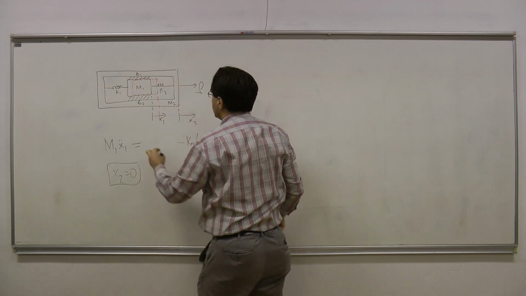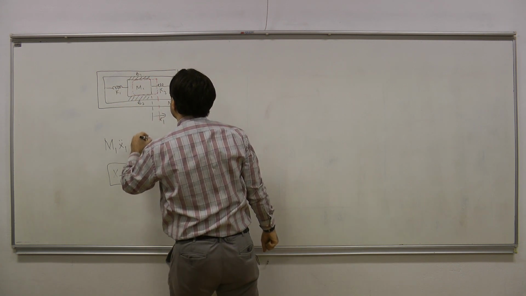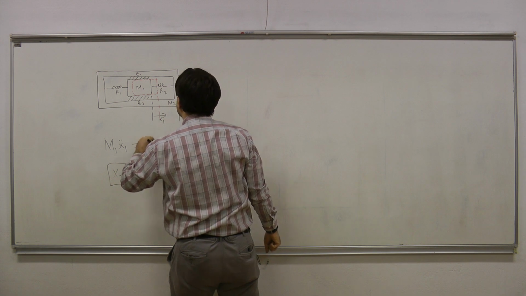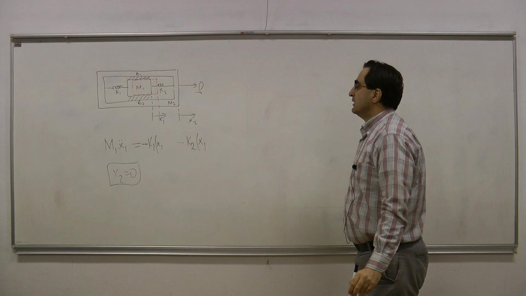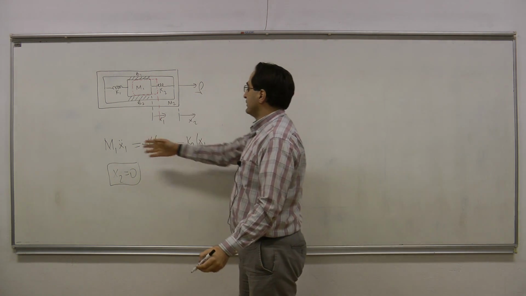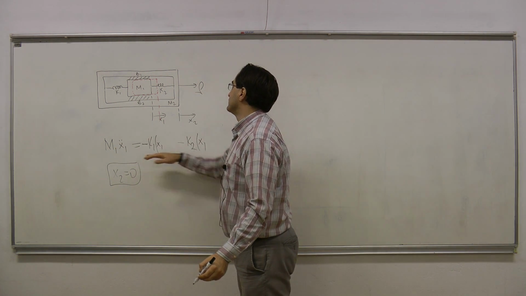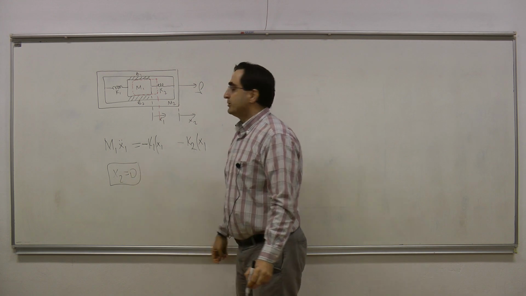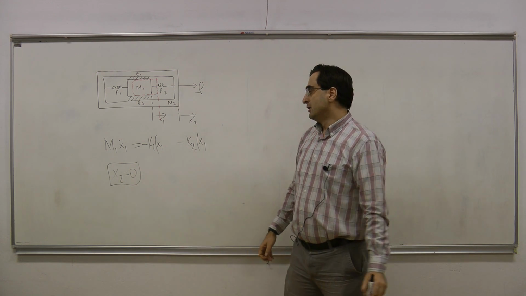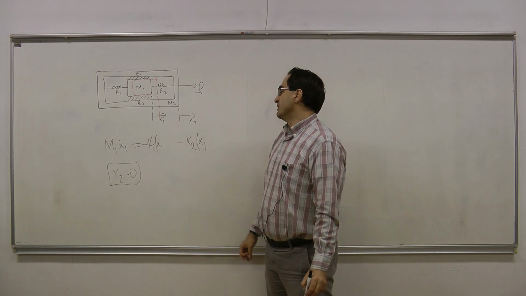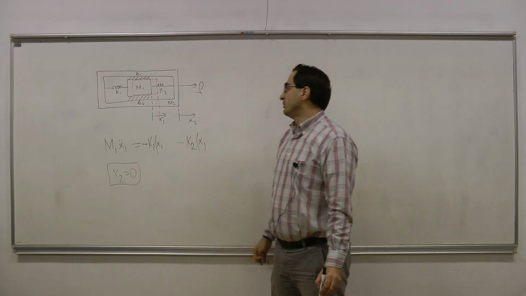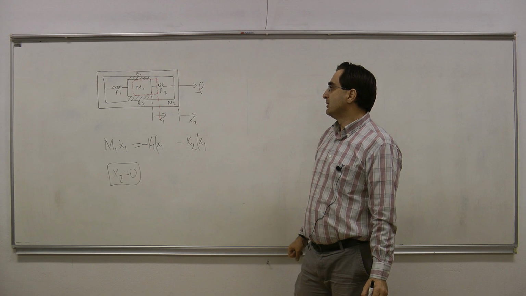That means that I need to put here minus k1 times x1. This part of the equation is true if x2 is equal to 0. So these two should be the equations of motion when x2 is equal to 0.